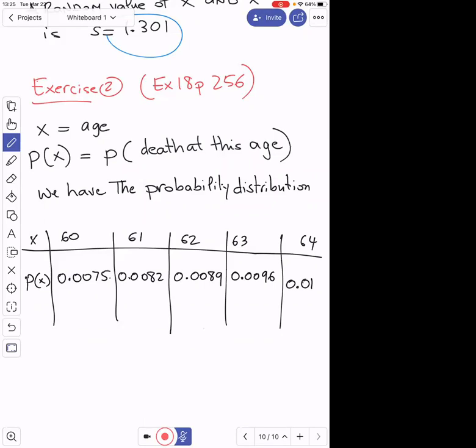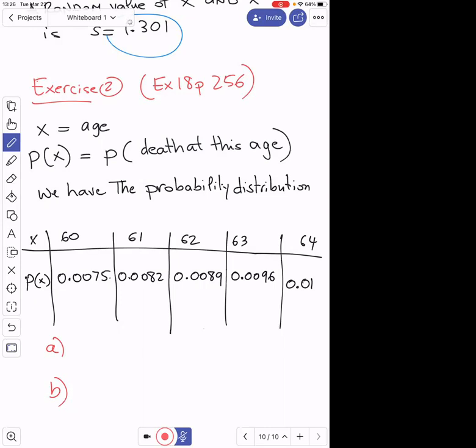So this is your probability distribution. Just write down the first A and B. First you need to find the probability that Sarah will die. This is kind of easy, I think.